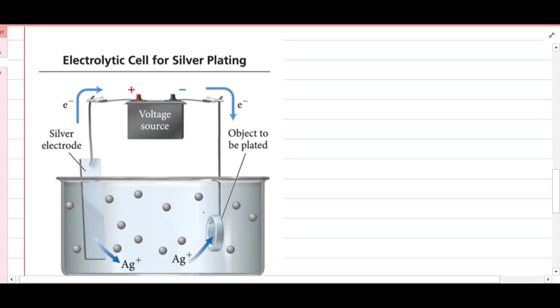Silver goes from Ag to Ag plus an electron, and over here Ag plus and an electron go to silver metal. So we take the silver from this electrode to the object. We're driving electrons from the negative terminal to here. You have a salt solution so that the current can keep going.